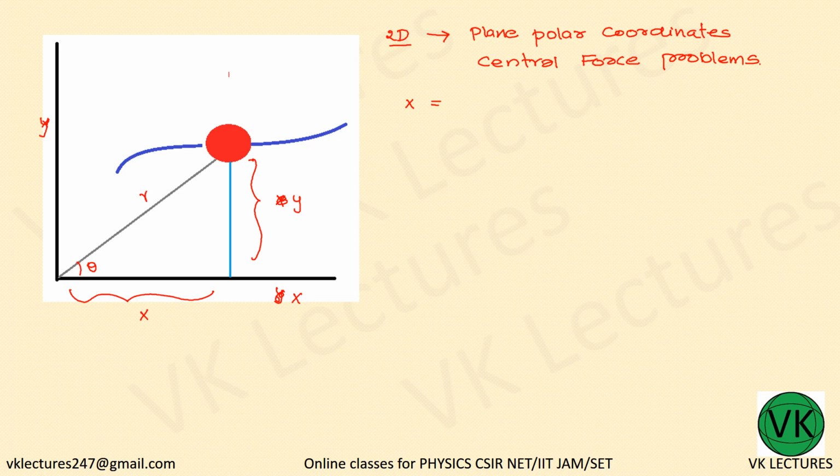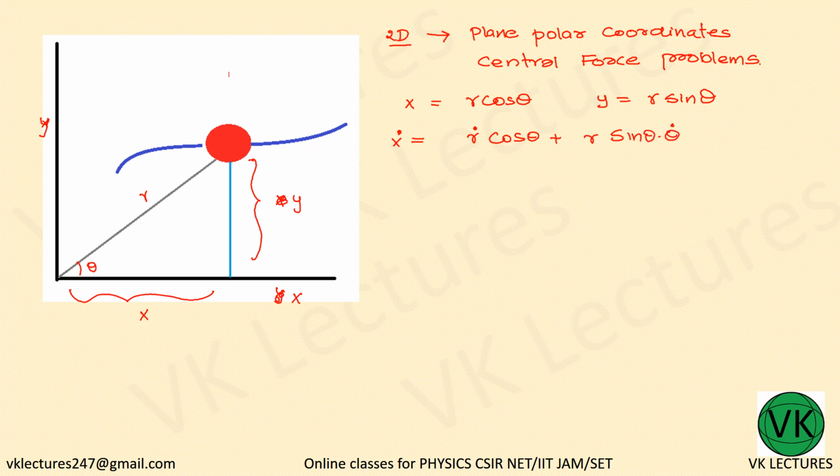So x is equal to r cos theta, where this is r, and y is equal to r sin theta. Now our aim is to find the first derivative with respect to time. That is, x dot is equal to r dot cos theta minus r sin theta times theta dot.